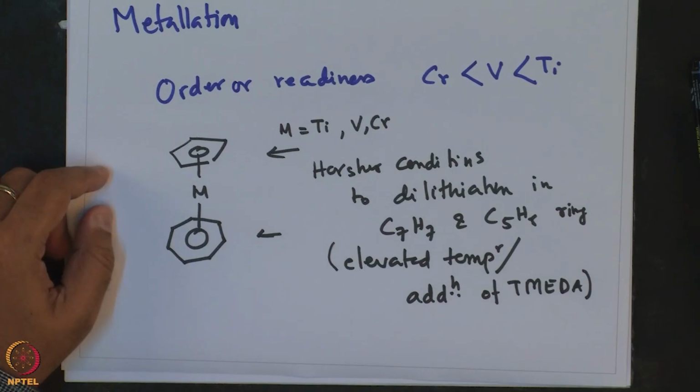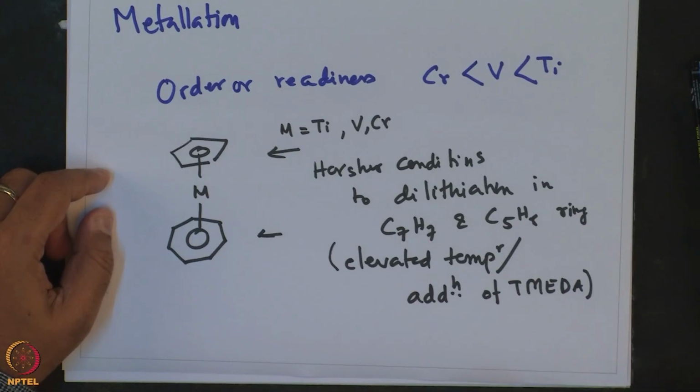We are going to take this up with some interesting examples where we follow up these metallations. One thing that emerges is that metallation happens at different rings depending on the metal, and that is beautifully illustrated by the example given over here.